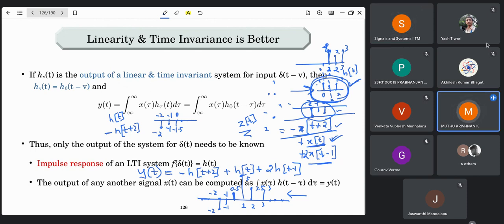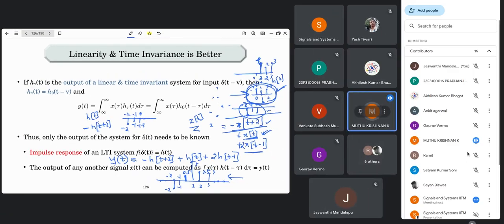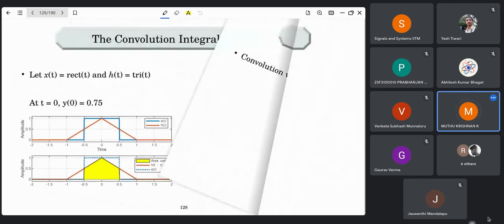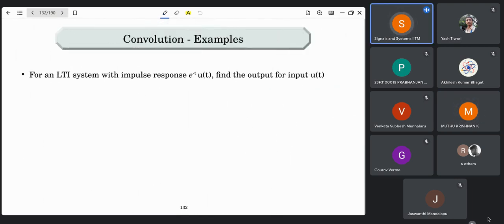Sir, my question is related to the same system thing. For taking the impulse response, we give the impulse as an input, right? Correct. The impulse is just a momentary signal, right? Correct. So for a momentary signal, how can it give this much, I mean, a non-momentary signal as output? This is again whatever I said earlier.